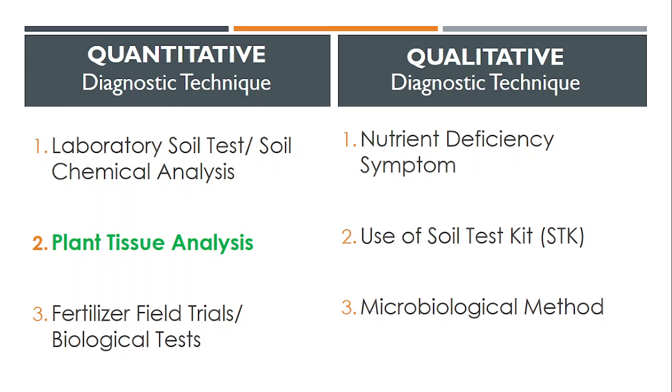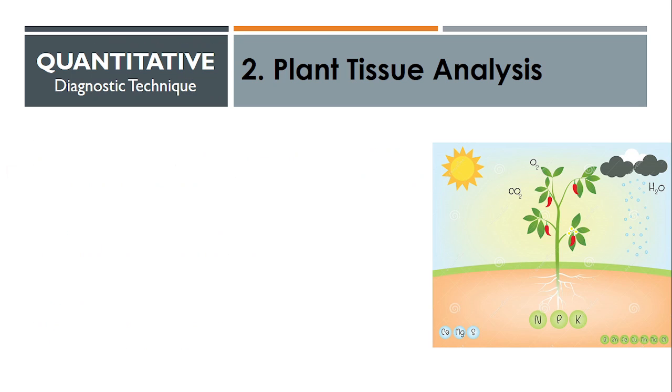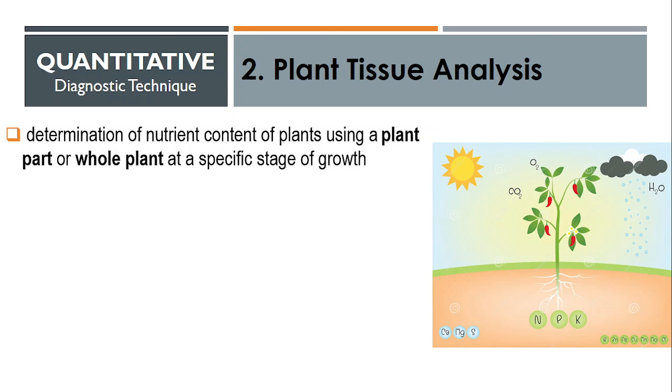We go to the next quantitative diagnostic technique, which is the plant tissue analysis. Okay. Kung sa soil chemical analysis, yung lupa yung ina-analyze natin, dito sa plant tissue analysis, we collect a plant part or a whole plant at a specific stage of growth to determine its nutrient content.